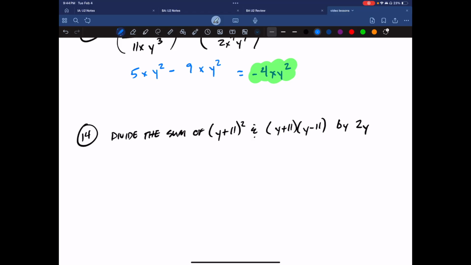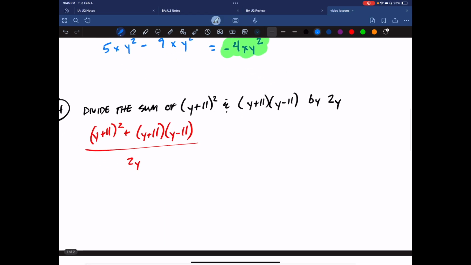All right. And then our last problem here is just like one that we're familiar with at this point. It says divide the sum of y plus 11 all squared and y plus 11 times y minus 11 by 2y. Okay, so let's do this. We have y plus 11 squared plus the product of y plus 11 and y minus 11, all divided by 2y.